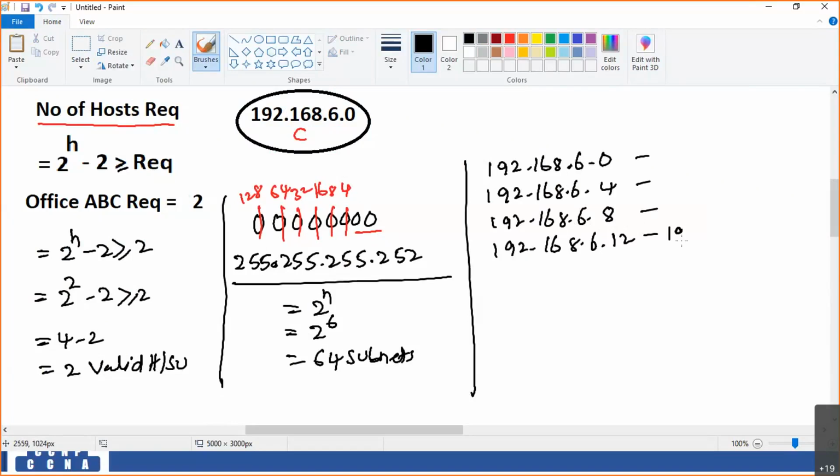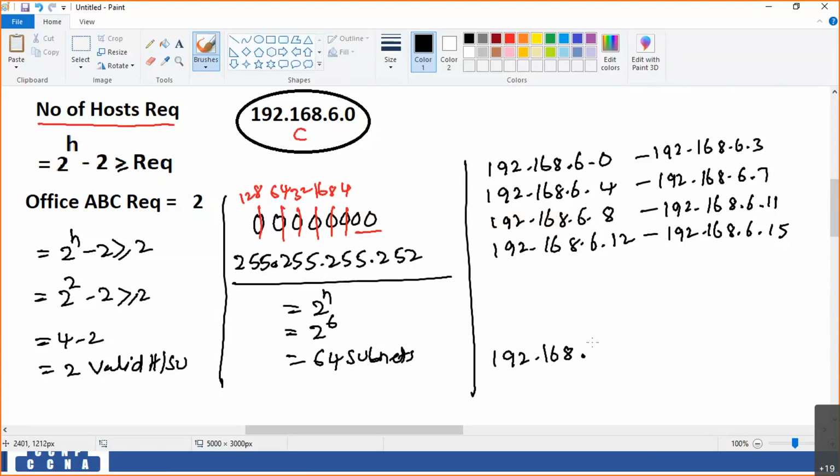Now write the broadcast IDs: 6.3, 6.7, 6.11, 6.15, like this. What is the last subnet range? 6.252 to 255. So the first subnet range is like this, and the Bali wants to know that.